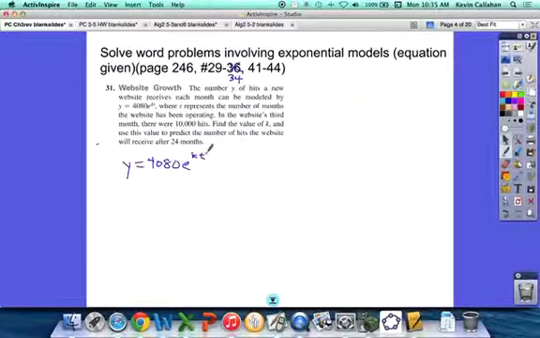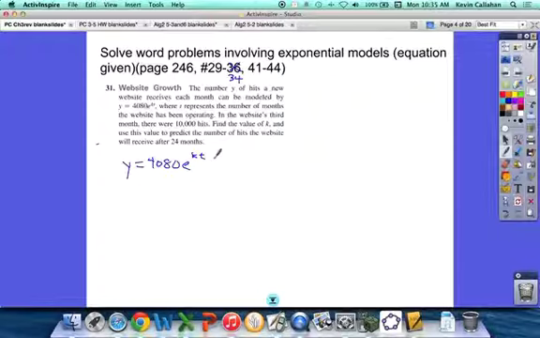In the website's third month, there are 10,000 hits. Find the value of k, and then use this to predict the number of hits the website will receive after 24 months. In this kind of problem, it's not going to be as simple as we either give you the y and solve for t, or give you the t and solve for y, because you've got that k you have to solve for first.